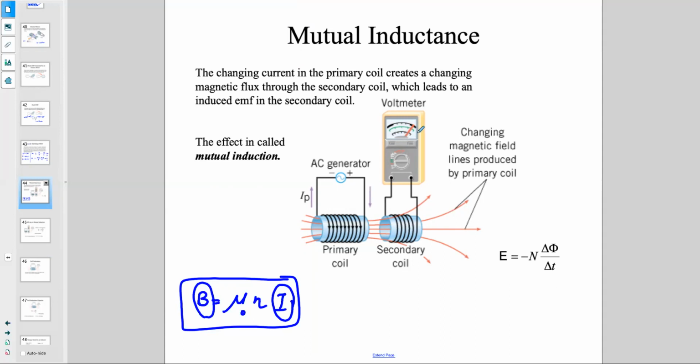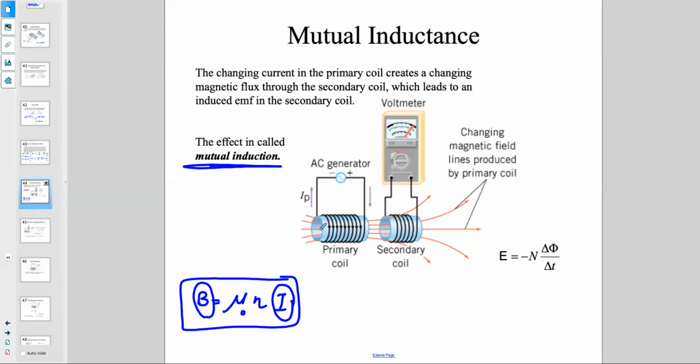As you can see, the current is not zero. Changing of the magnetic field lines produced by a primary coil will produce a secondary current inside a secondary coil. This effect is called mutual induction.